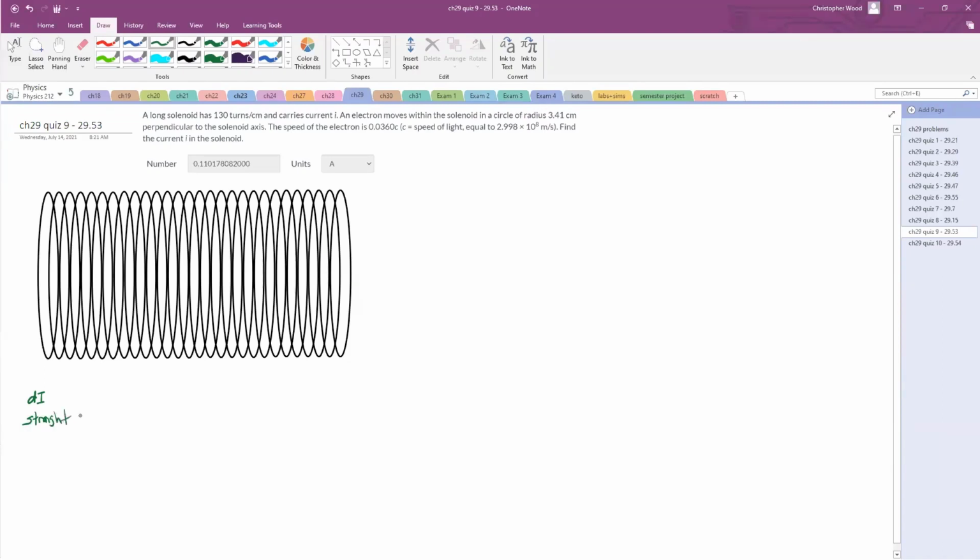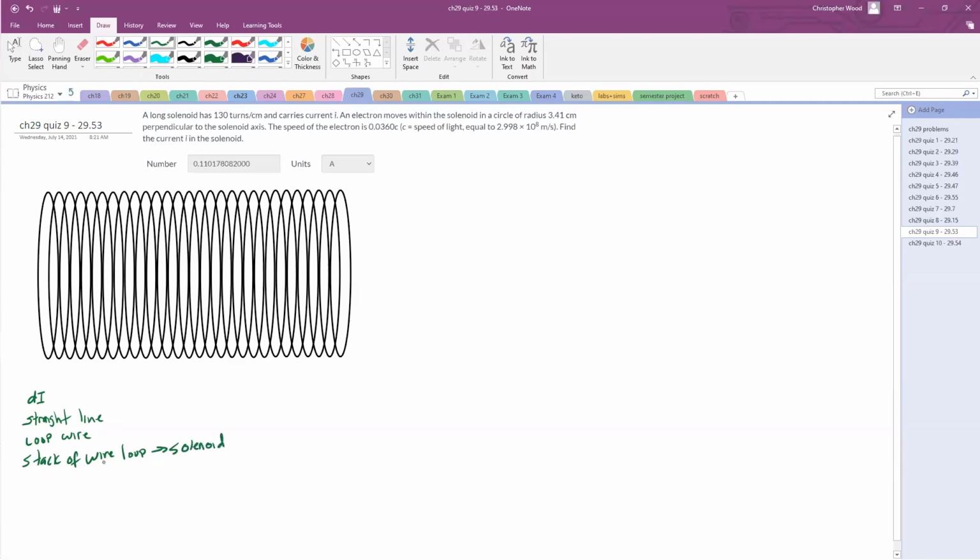So we graduated from a point element to a straight line, then to a wire in a loop, and then to a stack of wire loops. A stack of wire loops is called a solenoid. It looks like a slinky.